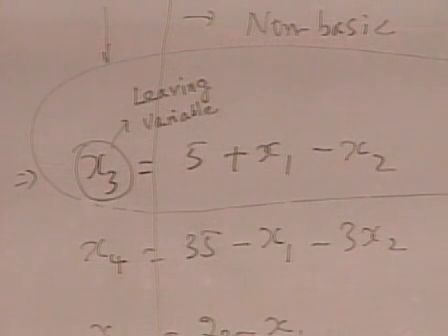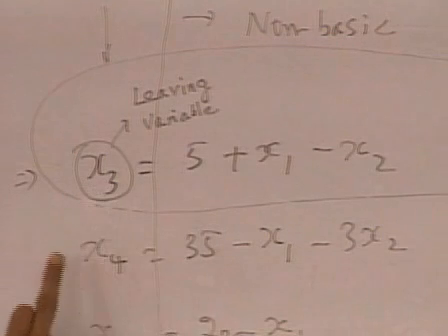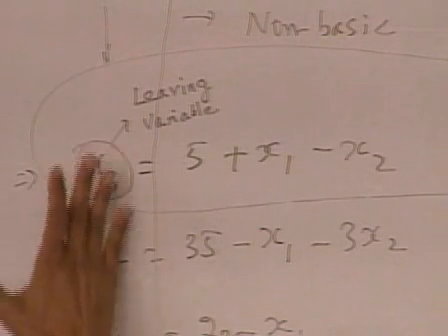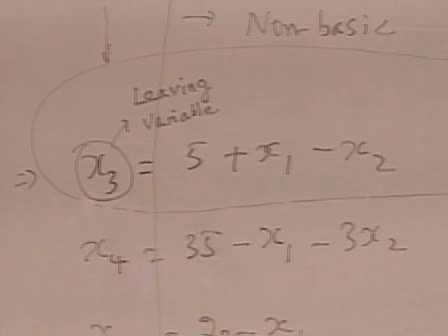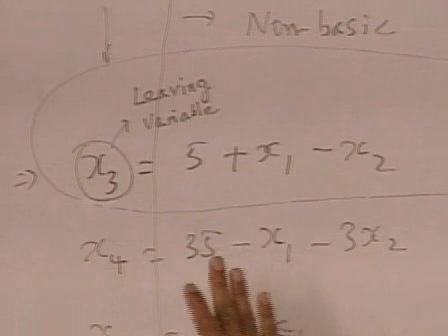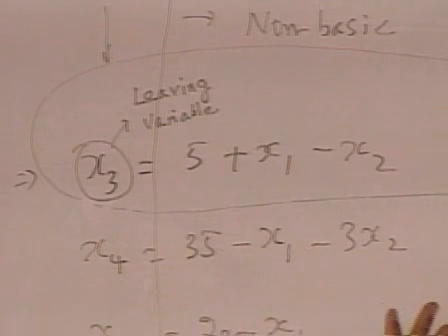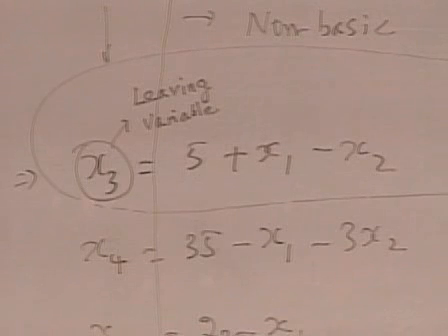So again, in this language, which is the more common terminology, x3, x4, and x5 are basic variables for this system. x1 and x2 are non-basic variables. Non-basic variables are always held at 0. And in a simplex iteration, among all non-basic variables, you're going to pick one which you choose to enter into the basis.